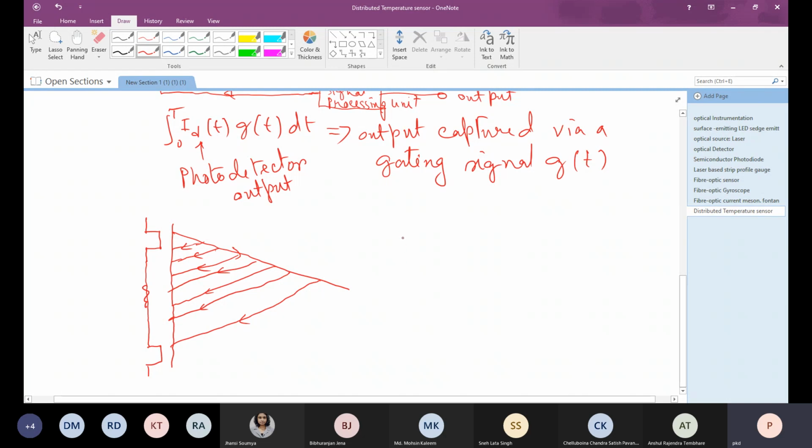The transit time tau for a distance d is equal to dn by c.